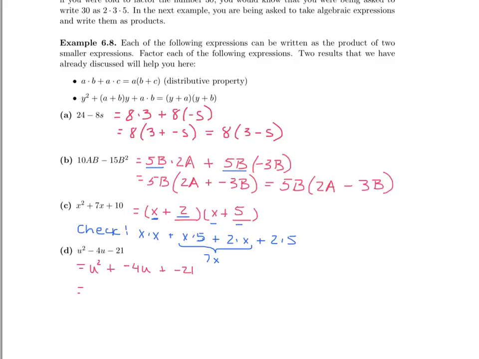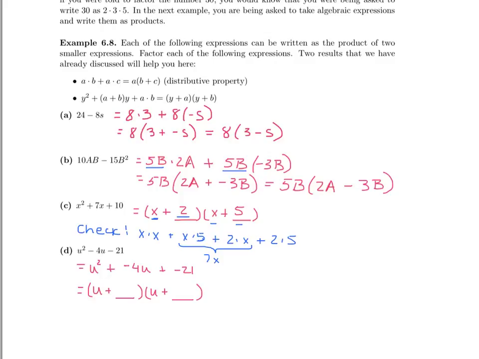Now, to factor a quantity like this, we begin by writing it in this form where we have a variable plus a number times a variable plus a number. So for us, that will be u plus something times u plus something. Again, the question is what to put in these two spots. Well, let's use what we learned in the last example.